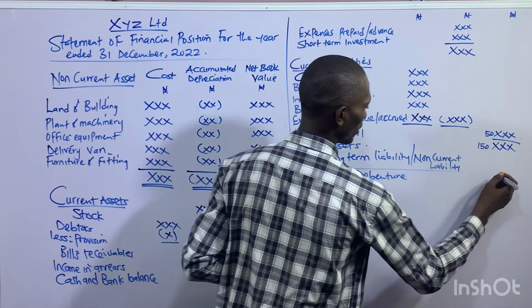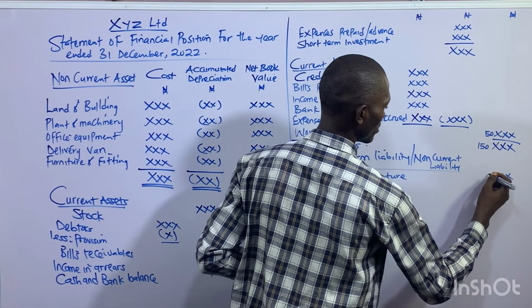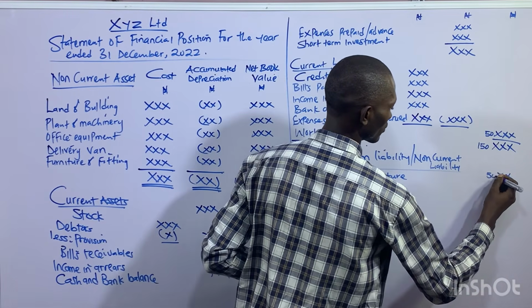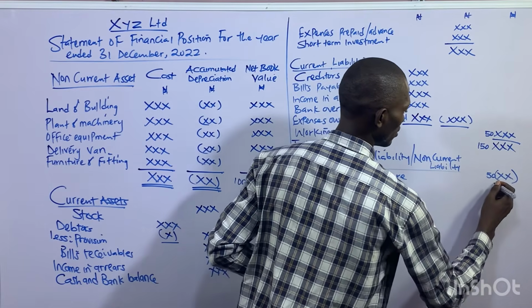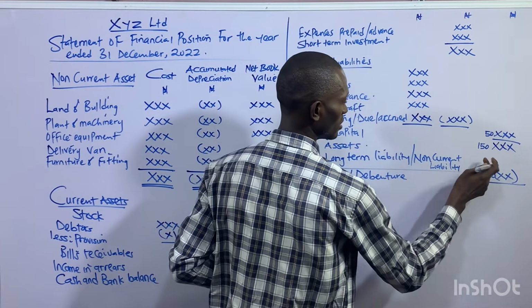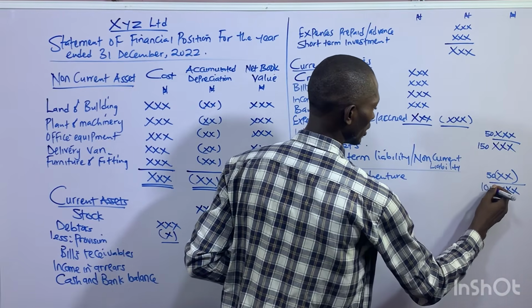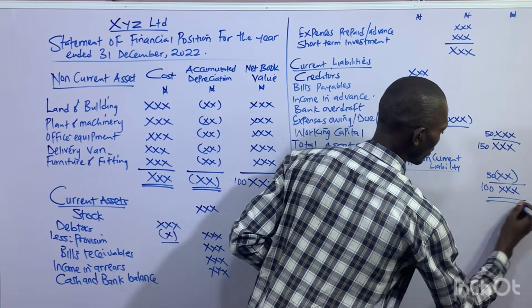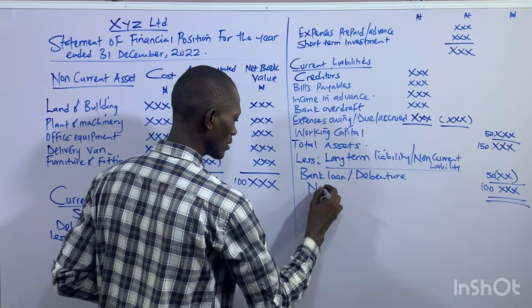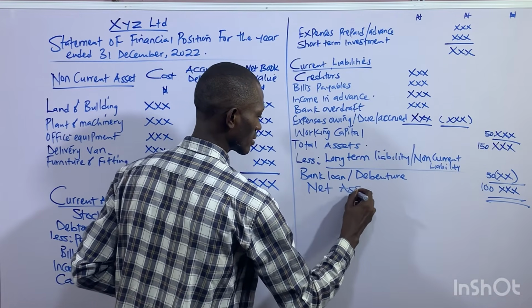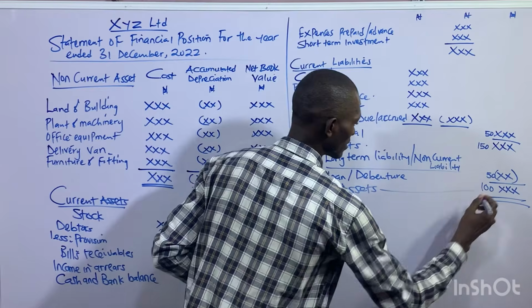Let's say the debenture that we have is 50. Since we are lessening it from this, 150 minus 50 gives us 100. So these are net assets.